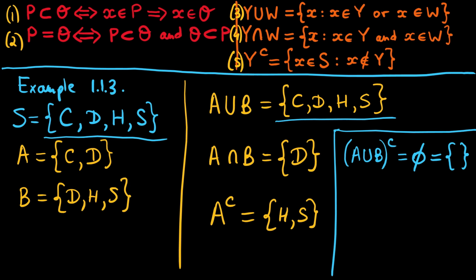So the empty set is another legitimate event that we can be interested in, and we have a notation for it now. Okay, so we are ready now to move on to Theorem 114.